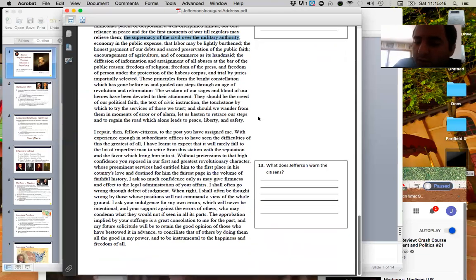And the last one, 13, what does Jefferson warn the citizens? So what does he warn them? There's a few different areas that you could take a look into.